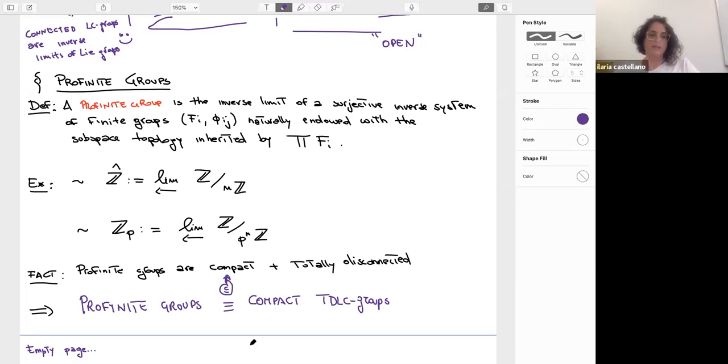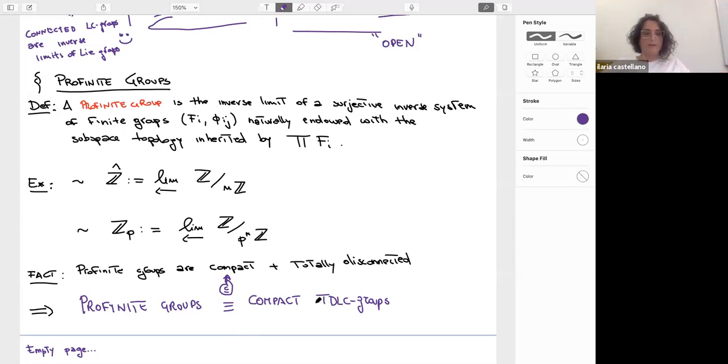Why am I telling this now? Because one thing that you should keep in mind while investigating totally disconnected locally compact groups is that this class is huge. Indeed, they contain all discrete groups, they contain all profinite groups, and they contain various other examples of groups that are very different. So this class is huge.